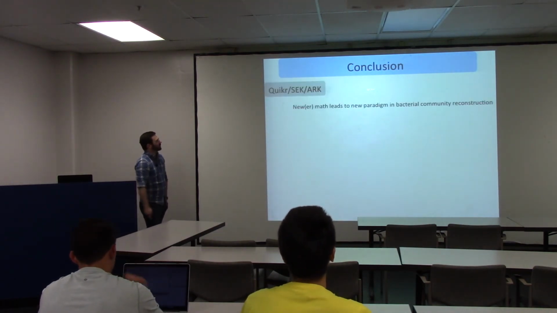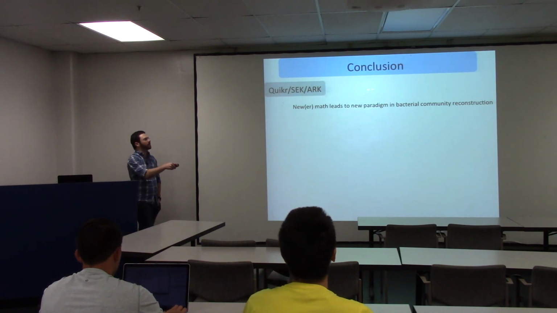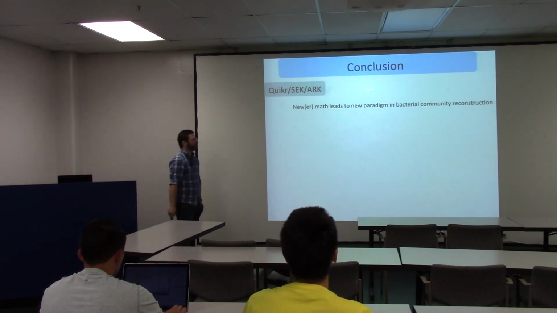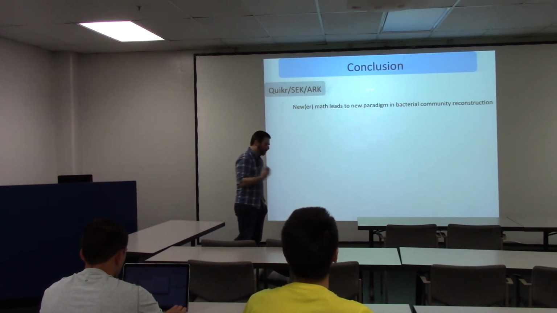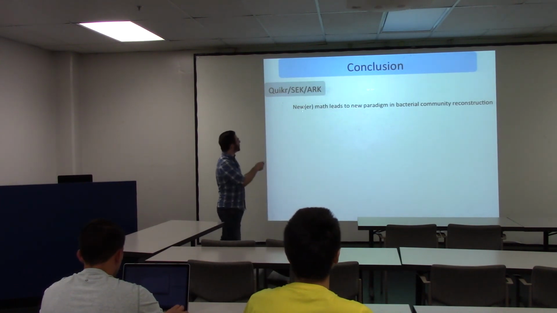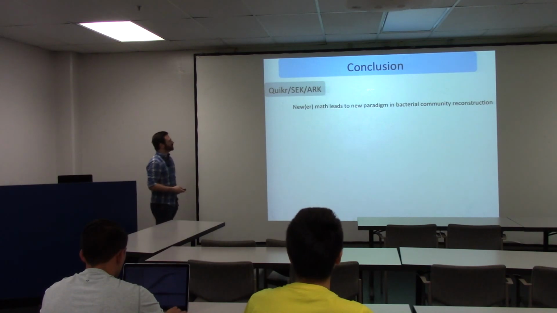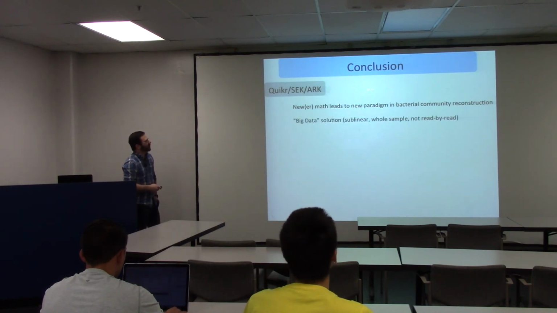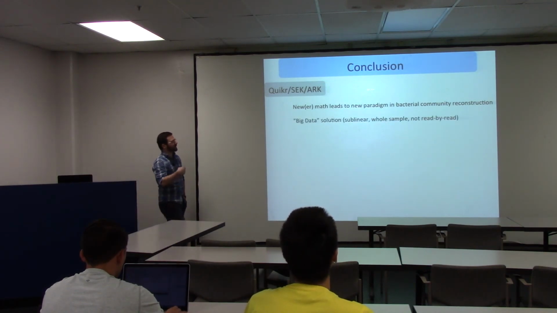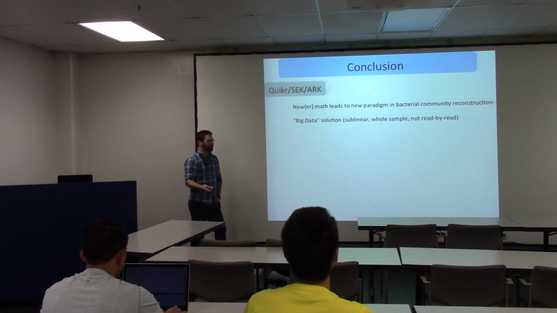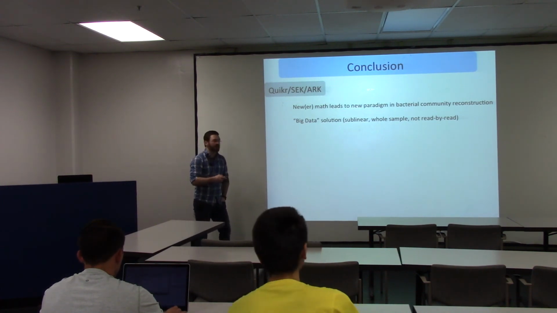So, conclusion: new math leads to a new paradigm in bacterial community reconstruction, which is why I like being a mathematical biologist, because you can take advantage of this kind of new stuff to lead to new algorithms, which is always fun. These compressive sensing techniques are sort of like a big data solution in that they're sublinear in the computational complexity.